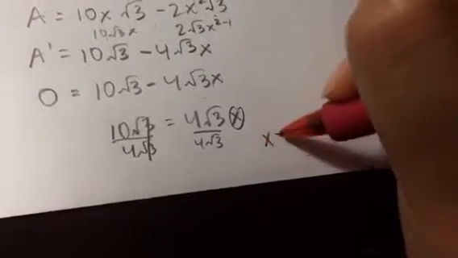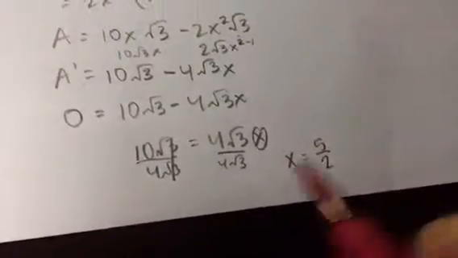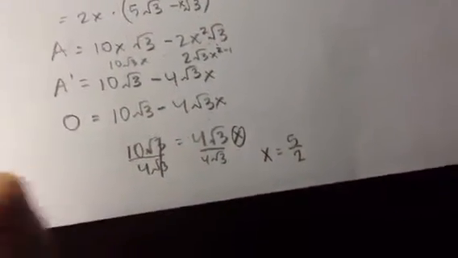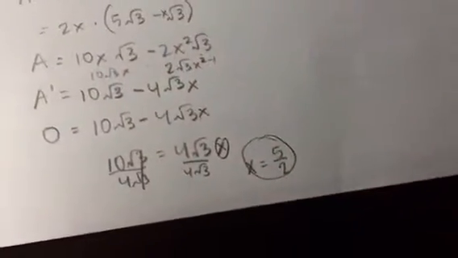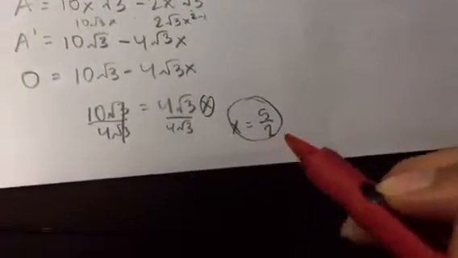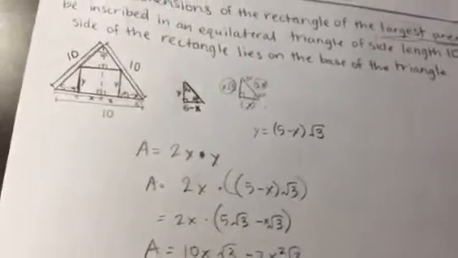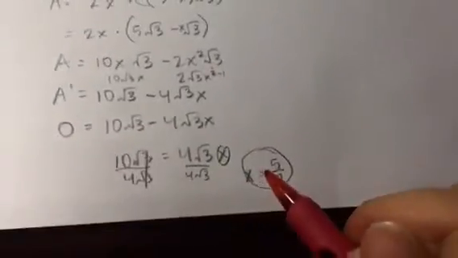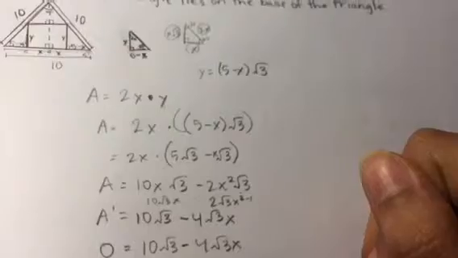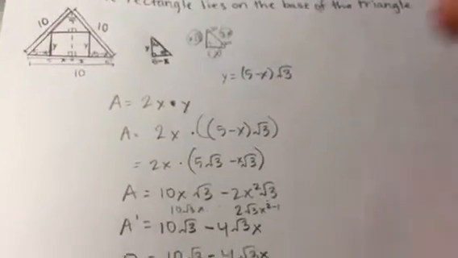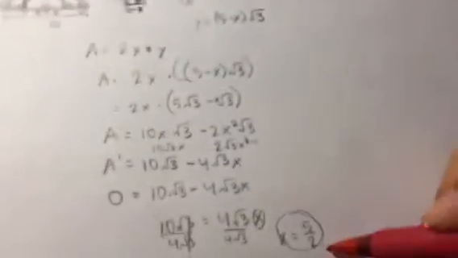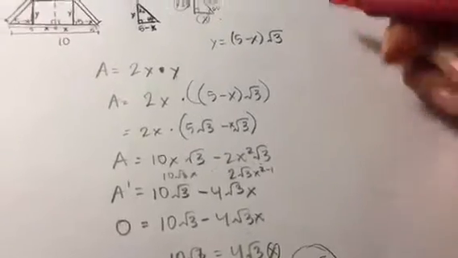These cancel. x equals 5 over 2, because reducing 10 over 4 is 5 over 2. So this gives you one of your dimension parts, and then you have to plug this back into this y equation in order to get your y value, which is the other part of your dimension.